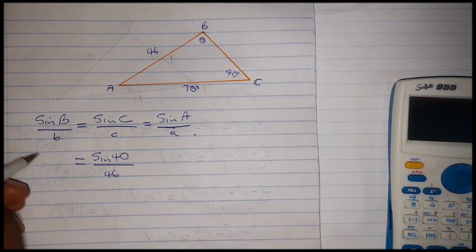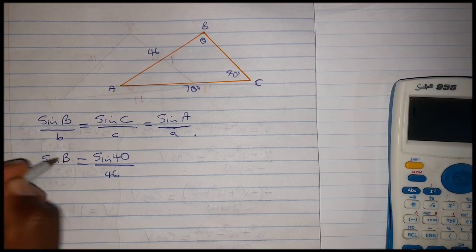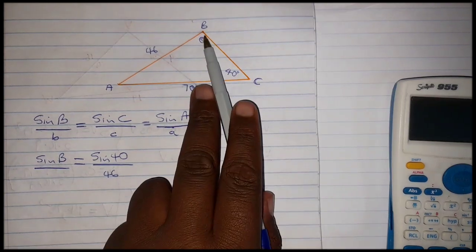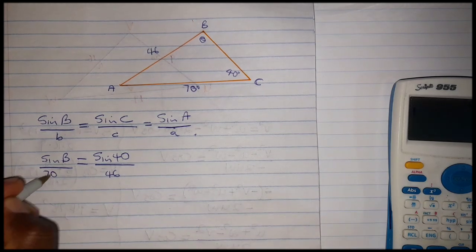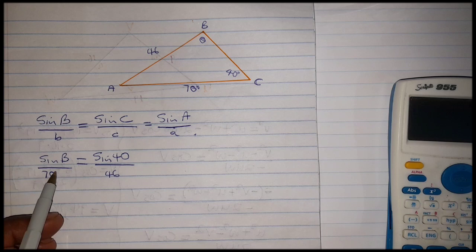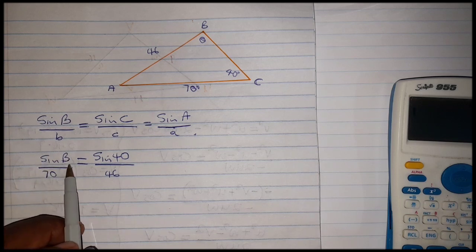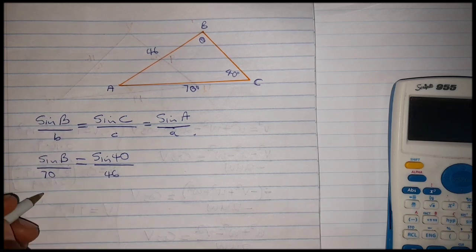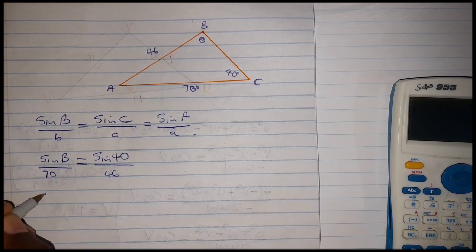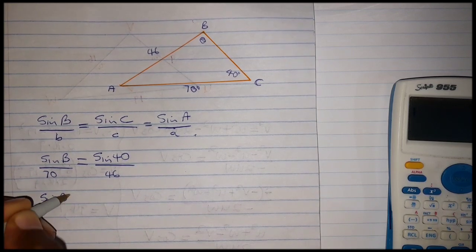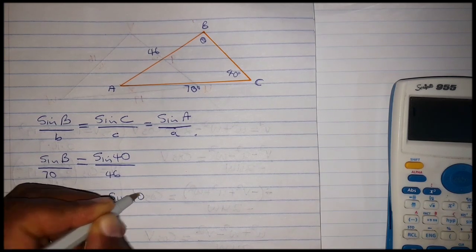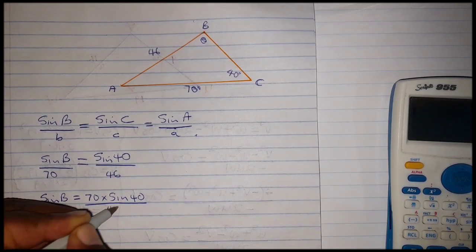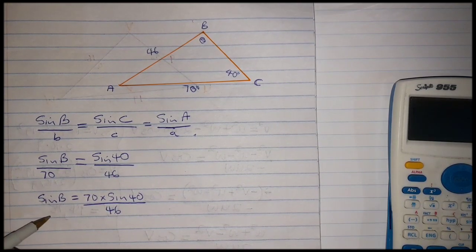So this is going to be equal to sine B over b, which is 70 units. To get the size of angle B here, we need to take the 70 to the other side. So sine B is equal to 70 times sine 40 all over 46.